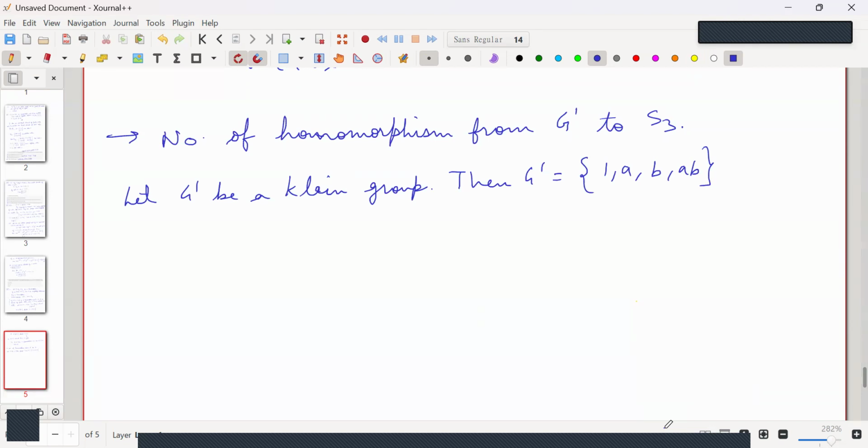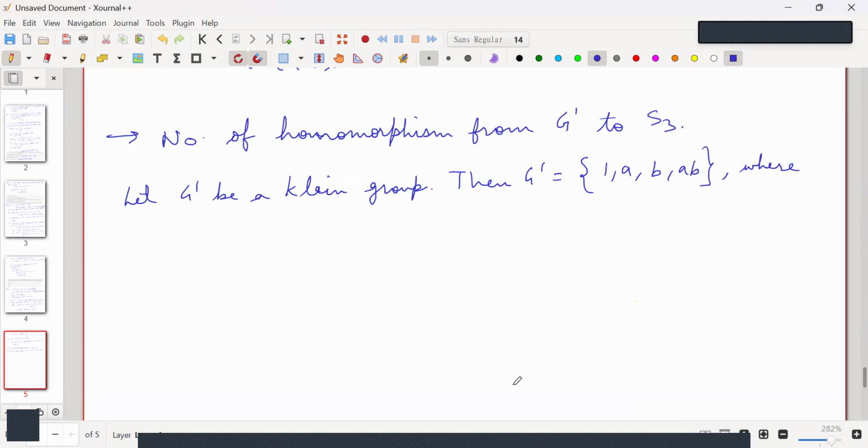Can't they map to the same two cycle again? No. For this, I took a case by case basis.